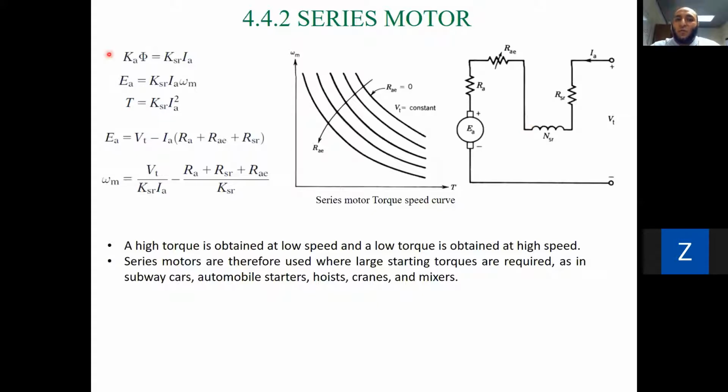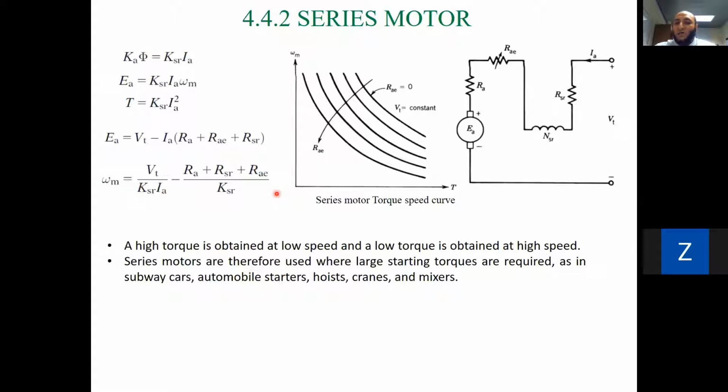So we expect the relation Ka multiplied by phi, machine constant multiplied by flux, will equal another constant called K series multiplied by IA, because IF equals IA in this circuit. So we can write the relations in terms of K series. For that, the EMF will equal K series IA omega, and torque will equal K series multiplied by armature current squared. Simply, we can get the expression of omega in the same way.